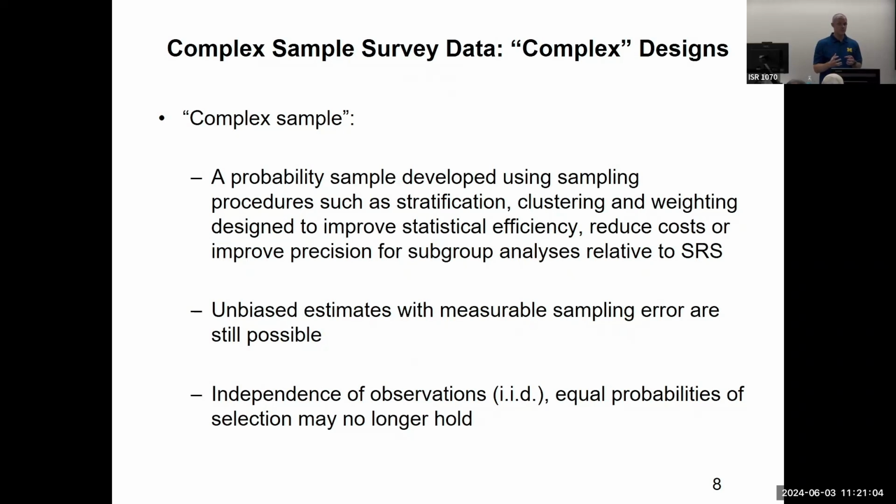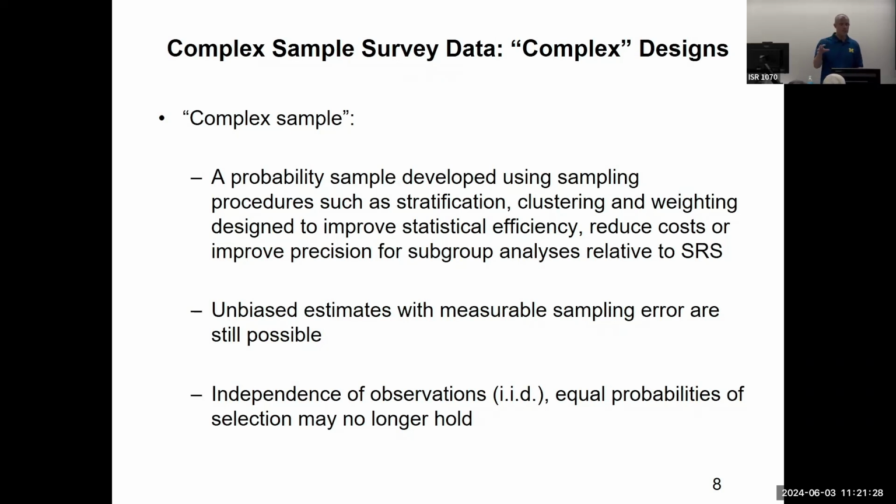They're clusters. Sometimes we don't have a list of all the elements in the population, but we do have a list of all the clusters. So instead, we draw a probability sample of those clusters. Then we go visit those clusters and we randomly select our elements, all the while maintaining those probabilities of selection. Okay, it's often a necessity just based on the materials that we have available.